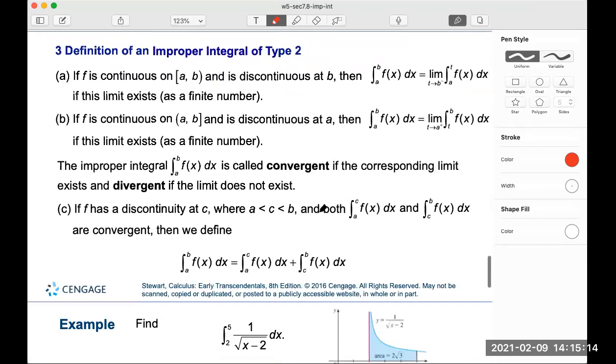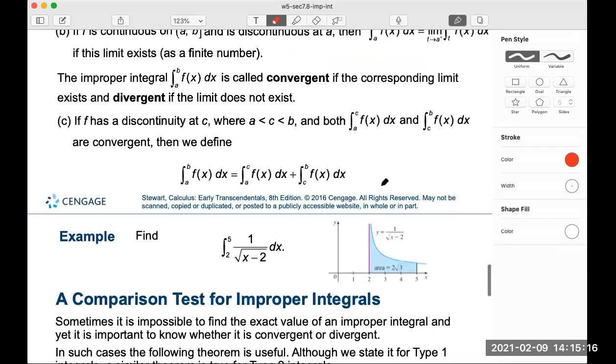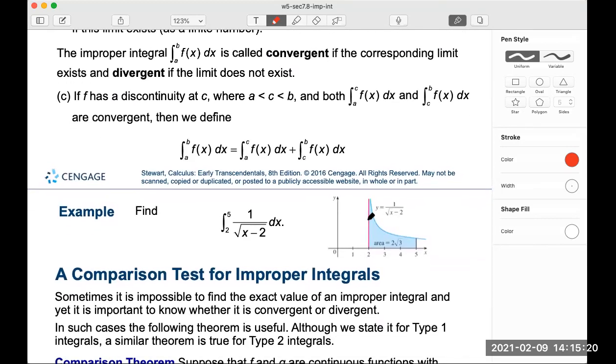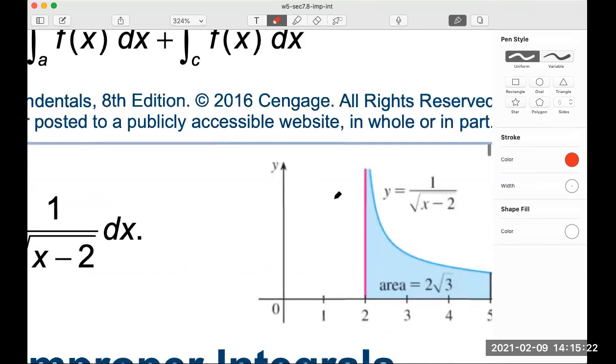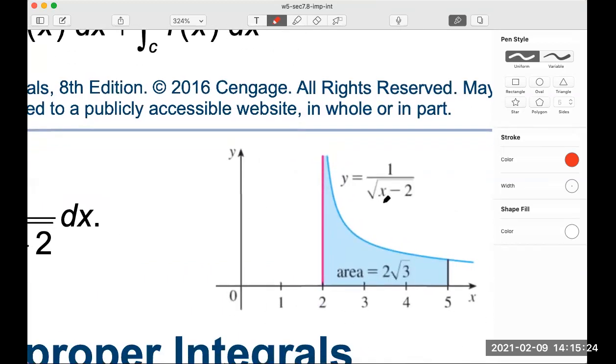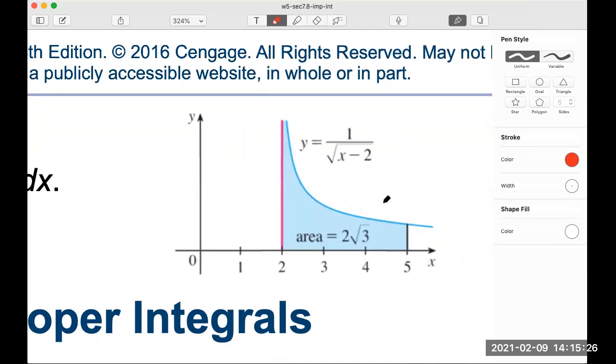For example, take a look at this graph. This is the graph of y equals 1 over the square root of x minus 2.